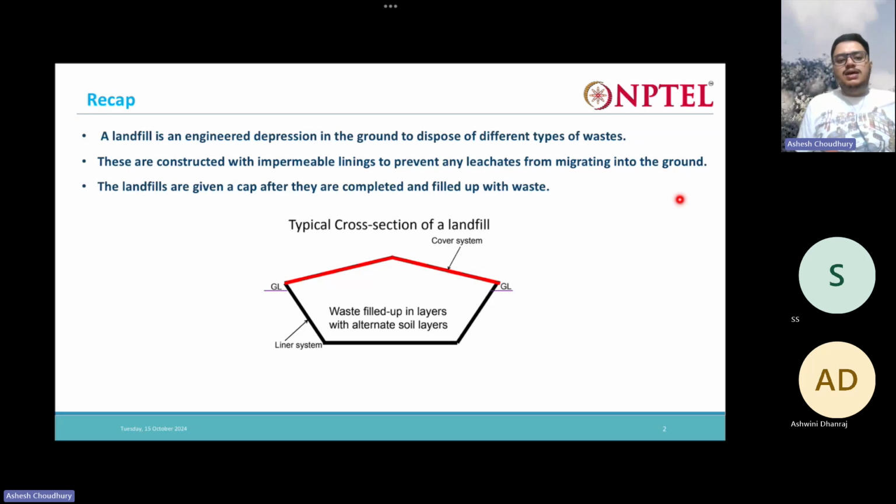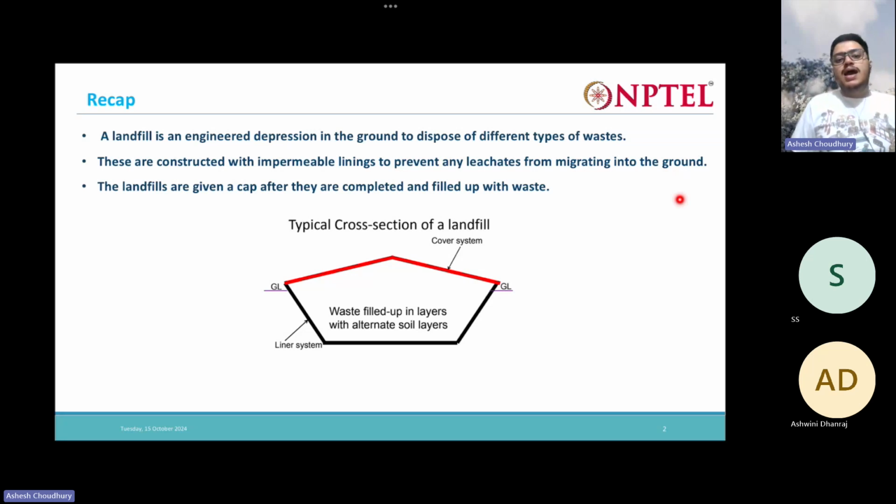A landfill is an engineered structure, constructed so that whatever you dump, say municipal solid waste, is contained within that landfill only. The harmful substances or chemicals which come out of that waste, known as leachate, should not go and contaminate the surrounding ground.